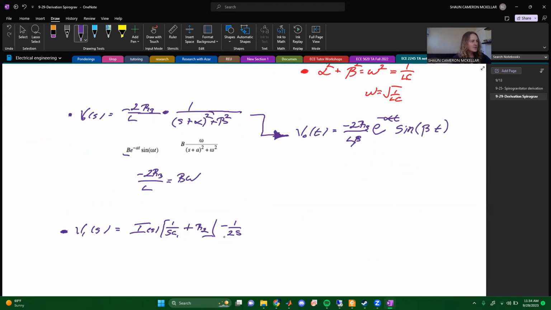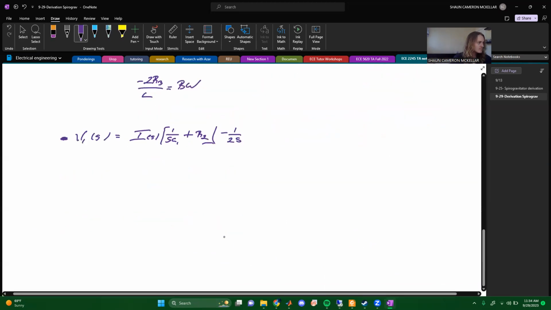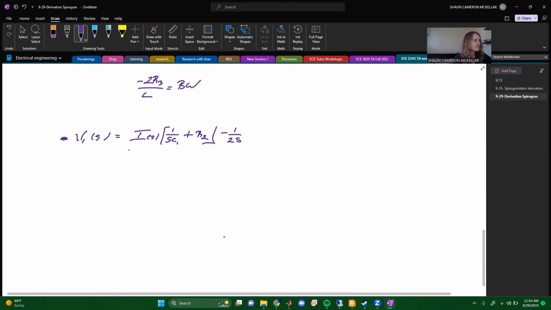Okay, so we know, again, excuse me, we know that 1 over 2S term is just a constant in the time domain. But this term, this is going to be the thing that gives us trouble. So let's break it out.